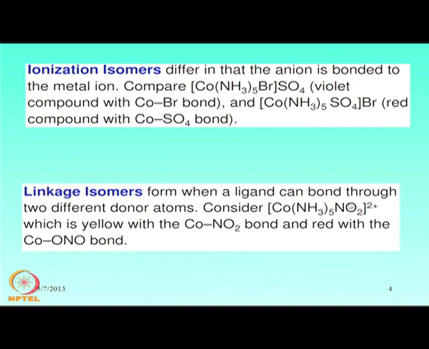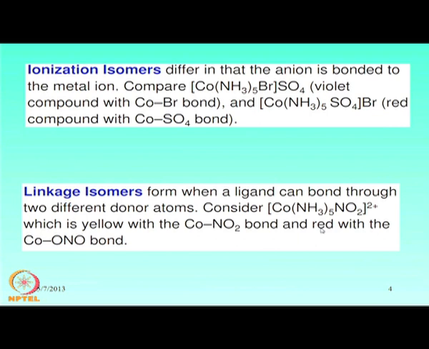When nitrite is bound to the cobalt center through the nitrogen atom, that means a cobalt-nitrogen bond is forming, the color of the compound is yellow. But if the bond forms through the oxygen of the nitrite group, we get a different colored compound, which is red.